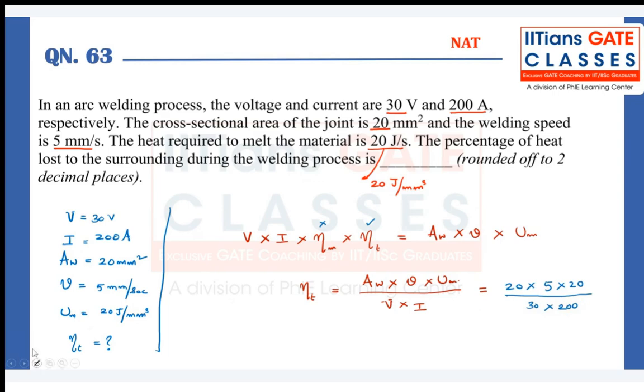If we solve this, the zeros will get cancelled. Now 5 into 20 is 100, and we get 20 divided by 60. I can write it as 2 by 6, then it is 1 by 3. It is a percentage, so 0.66 into 100, such that it is 66.66 percentage.